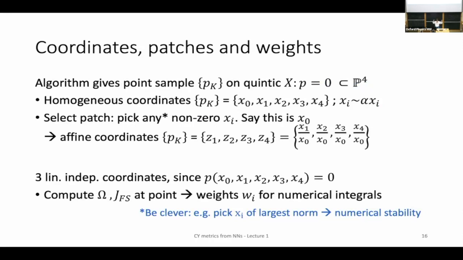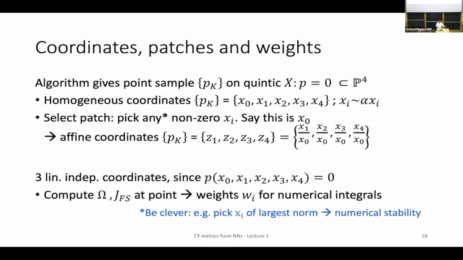Okay, so once we have our sample, these are sampled on the ambient space. They will be given in the homogeneous coordinates of the ambient space. If I have the quintic, these are these 5 coordinates x0 to x4 that are related by this rescaling. So in order to work with this on our manifold, or when we're computing things for the Calabi-Yau metric, what we need to do is to go to a patch.